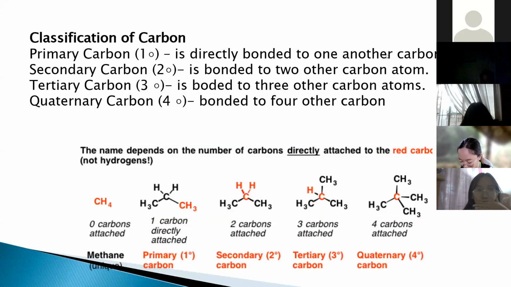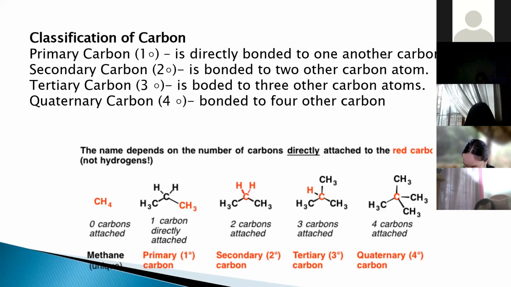Sige. Now, for our carbons, before we'll really move on to the naming of the organic compounds, class, let's discuss first the classification of carbons. Meron tayong tinatawag na primary carbon, secondary carbon, tertiary, and quaternary. And actually, this classification is dependent on the number of carbons that are also directly attached to the carbon in consideration.